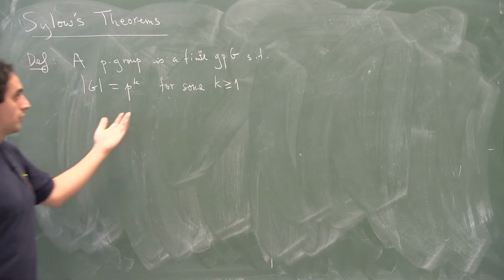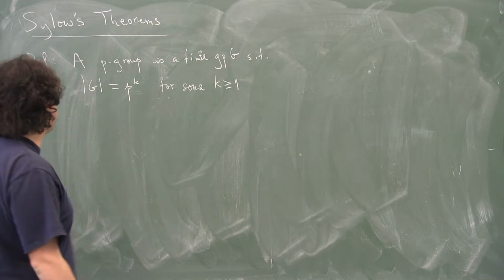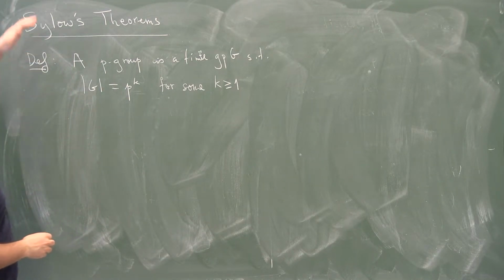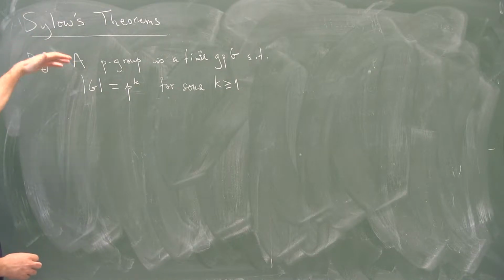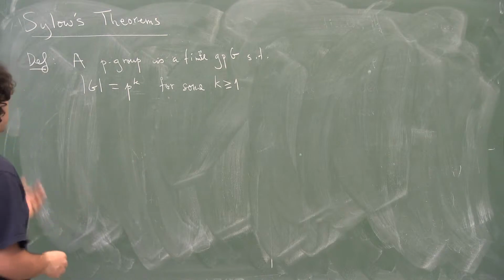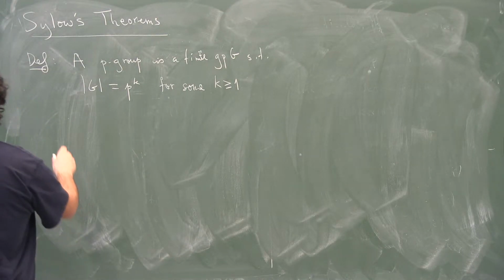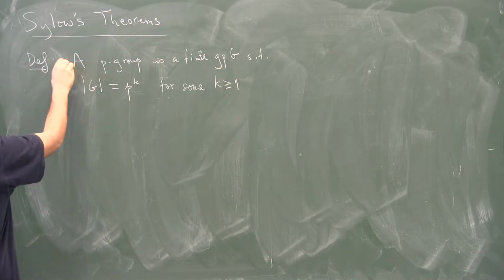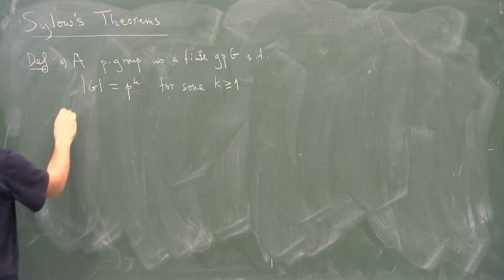Okay? So it's a group whose order is a power of P. Okay, so Sylow's theorem is about the existence of subgroups of a finite group G that are P groups. Okay, so now we can call this definition A.